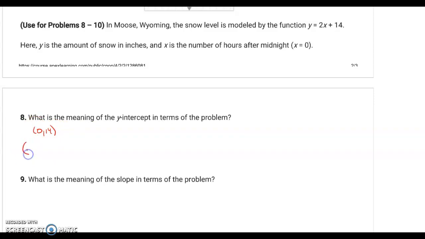Your x values are the number of hours, and your y values are the amount of snow in inches. So after 0 hours, there is 14 inches of snow.